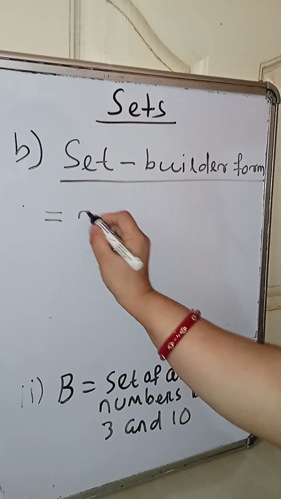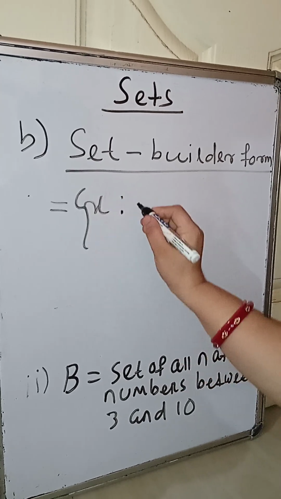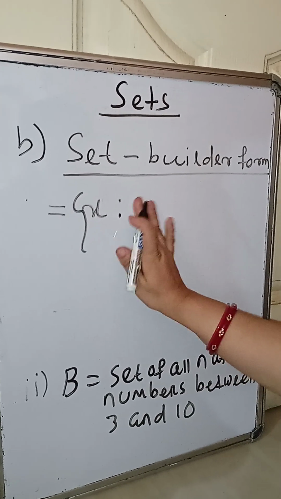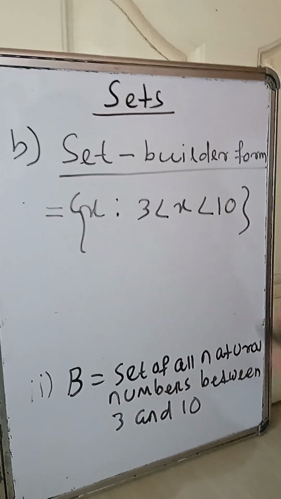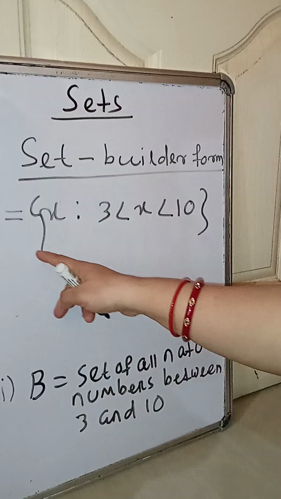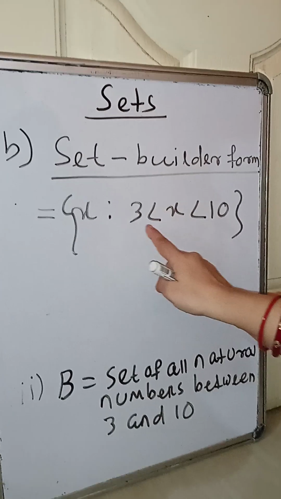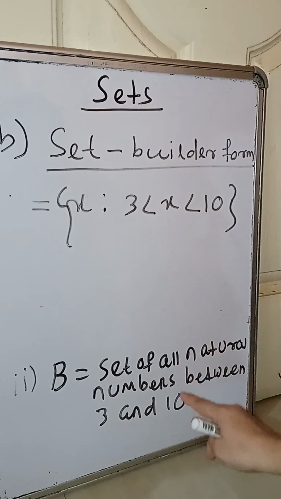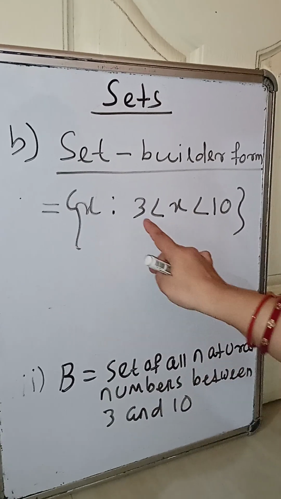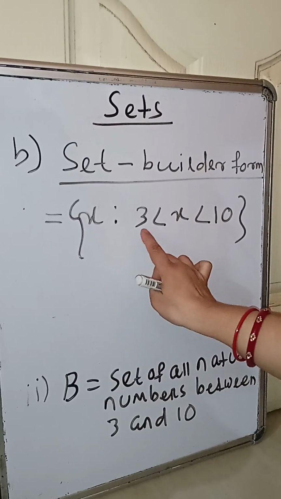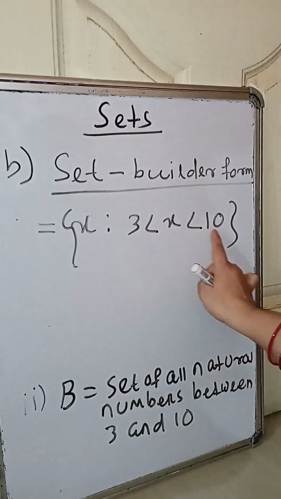We write x, where x is an element of the set B such that 3 less than x less than 10, curly bracket end. Here x represents the elements of the set B. Which common property does it possess? The set element x is a natural number and it lies between 3 and 10. So mathematically we write 3 < x < 10, meaning the element x is greater than 3 and less than 10.